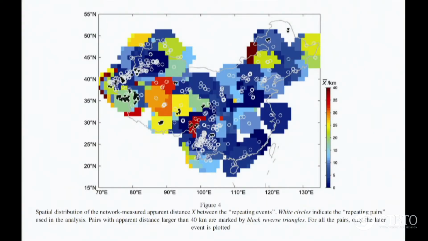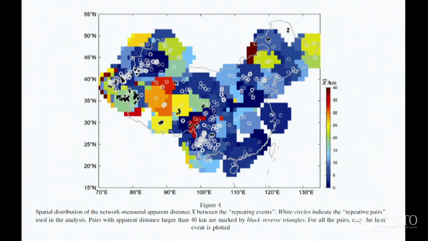So this was published a few years ago on the map of China, where you see in blue the pairs of repeating events are on the order of only 5 kilometers apart when reported in standard bulletins of Chinese seismicity. Where you see red, these are less well documented earthquakes whose locations, which from the repeat seismogram we know have to be within 1 kilometer of each other, can reach up to 35 or 40 kilometers apart.